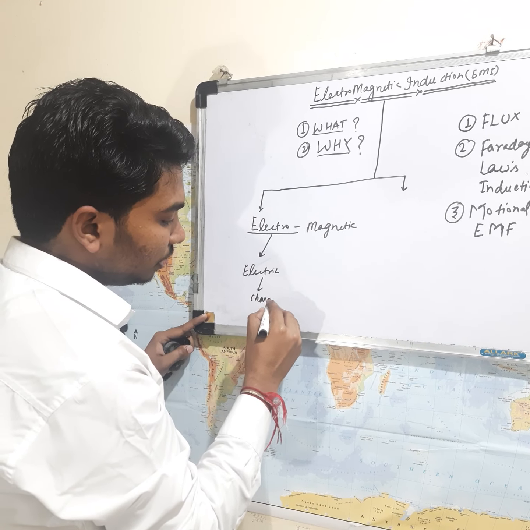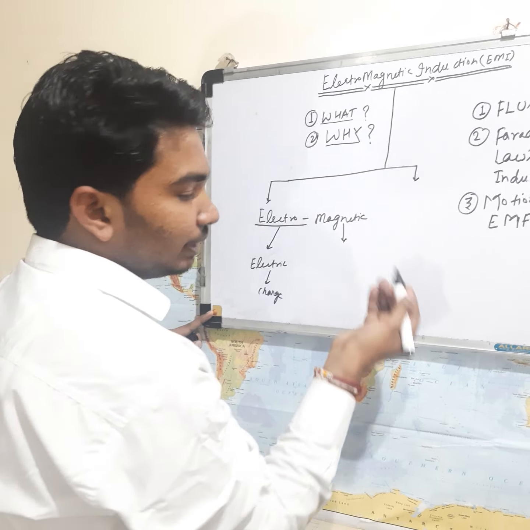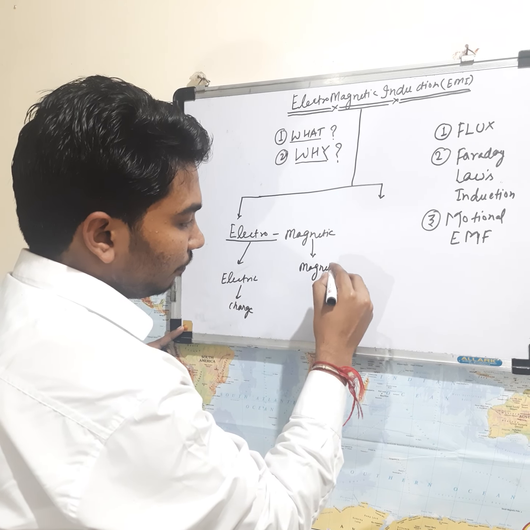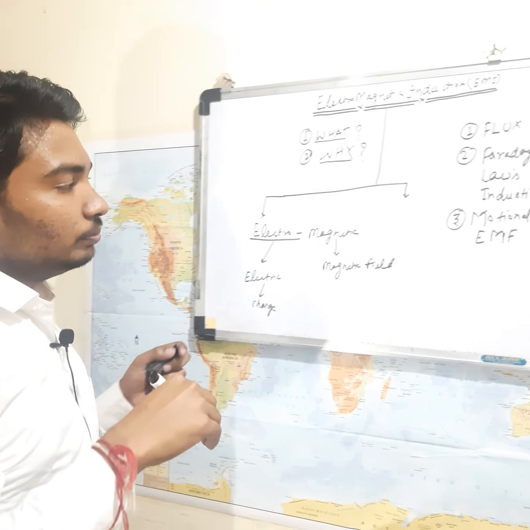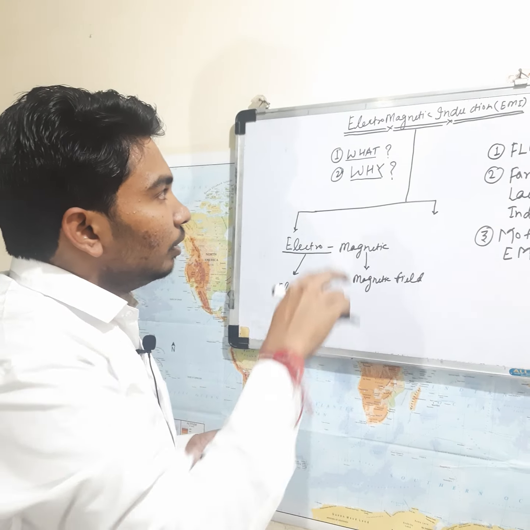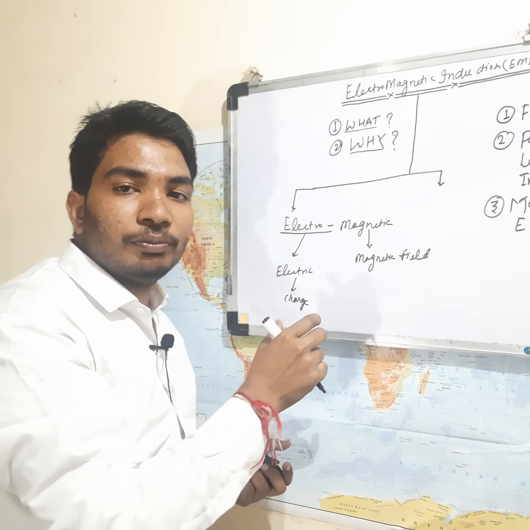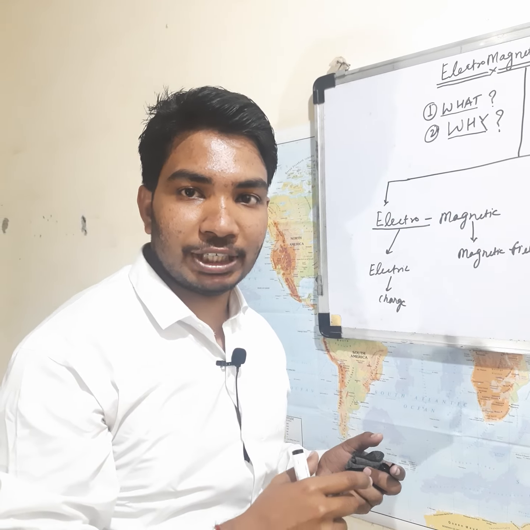And magnetic refers to the magnetic field. So electromagnetic means the interaction of the electric field and the magnetic field at the same time.